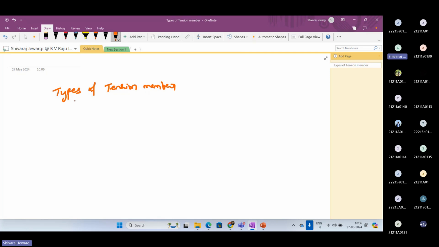Before that, the definition, as you all know, the basic definition of a tension member is a member which is carrying a tensile load, called a tension member, isn't it? Coming to the types, as we all know: the angle section, channel section, T section, I section. So these are the different shapes or types of a tension member.